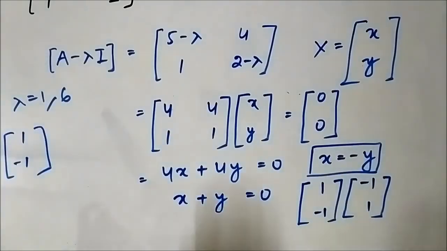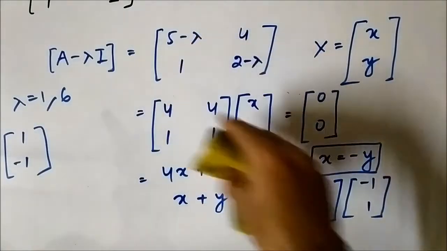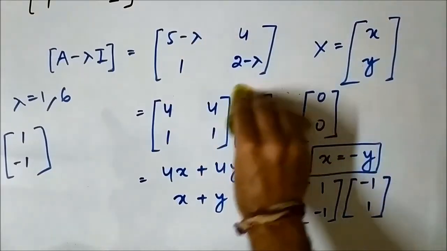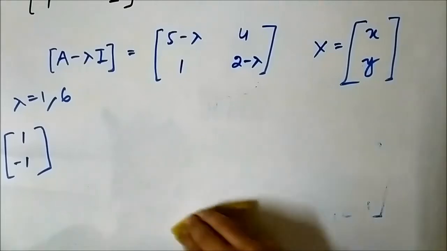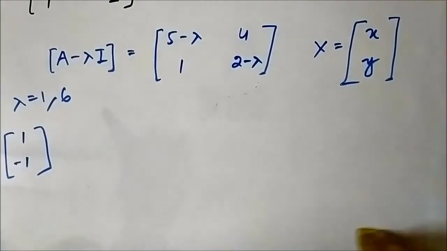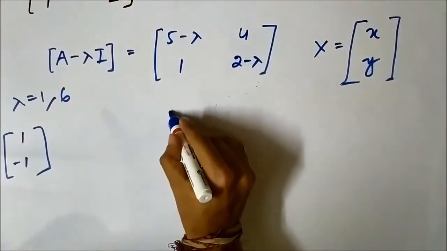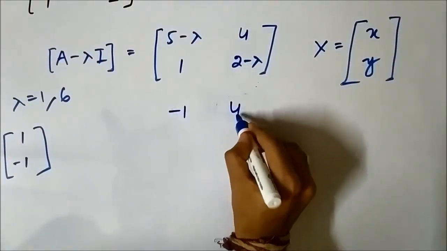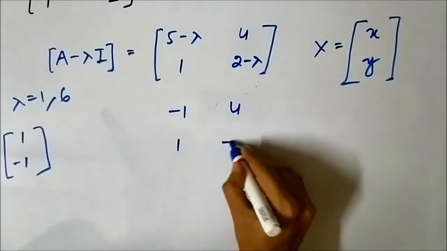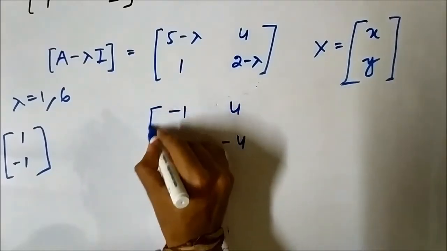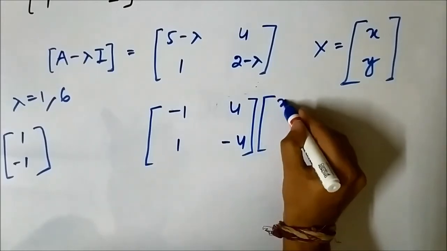Now let us determine the eigenvectors corresponding to the eigenvalue 6. Same, we have to substitute lambda with 6. Five minus 6 is minus 1, this is 4, this is 1, and this is 2 minus 6 is minus 4. And this is x and y.